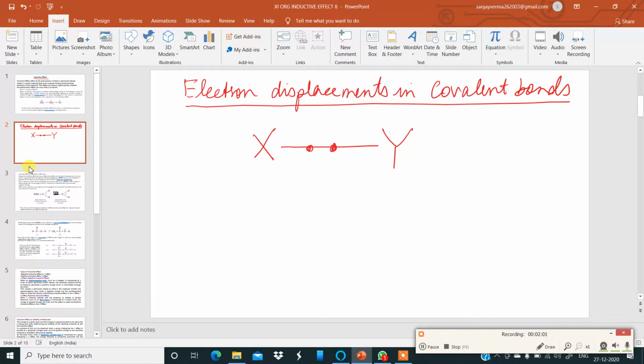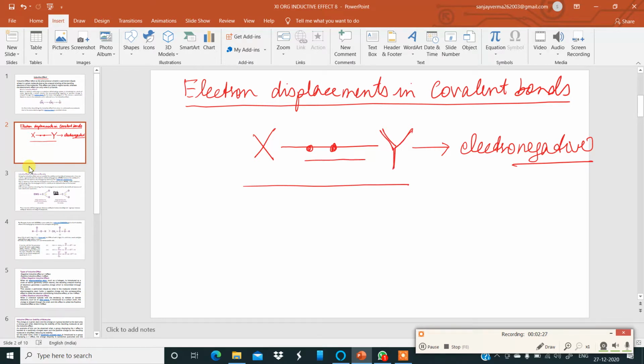Now, if in this covalent molecule species Y is electronegative, then definitely this Y is going to pull these two electrons towards itself.